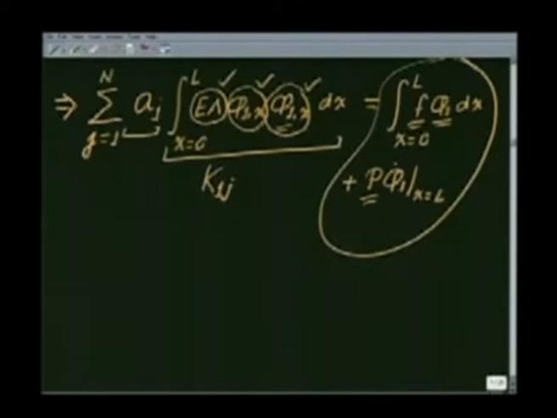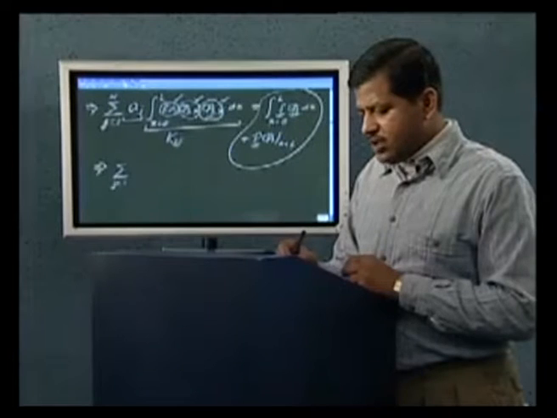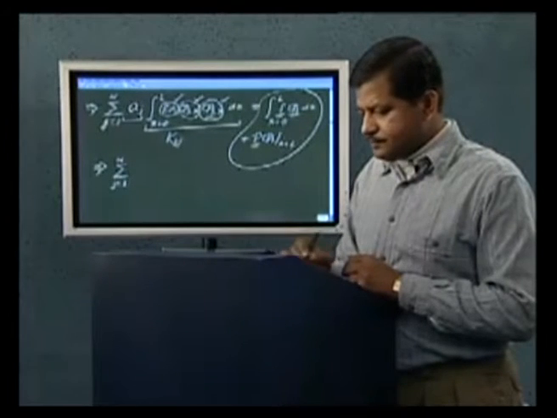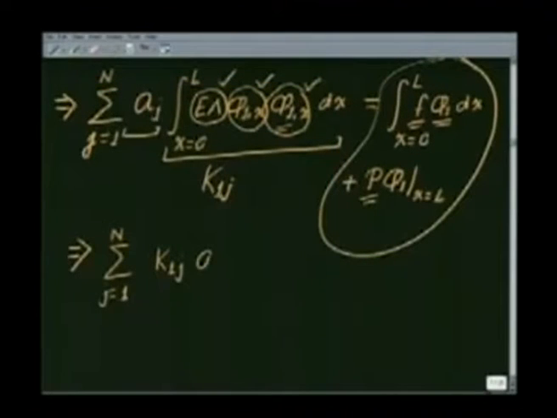If I write it now in this index form, I will get implies summation of j is equal to 1 to n k 1j aj is equal to, look at this now on the right hand side, this f is not going to change if we change our phi i's.